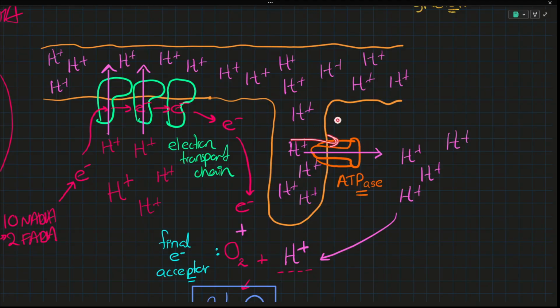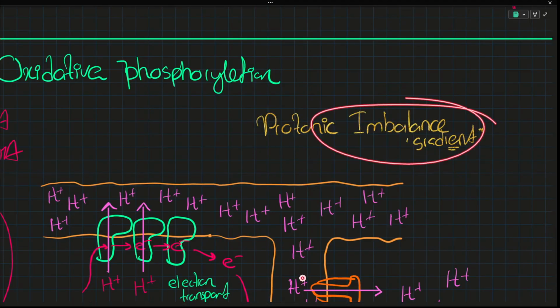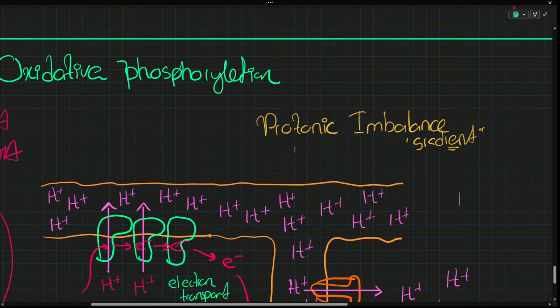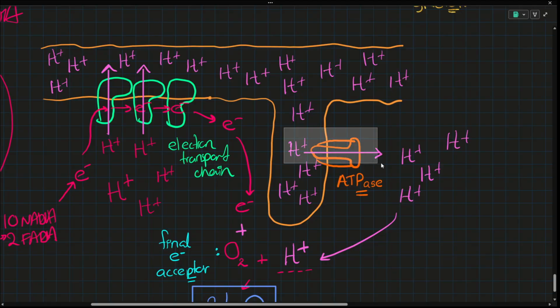Because there's a protonic imbalance. No one likes imbalances. I have spoken too much. I am mixing up my words. Sorry. So no one likes protonic imbalances. That's why H plus has to actually come back down. The only way it can do is through ATPase.